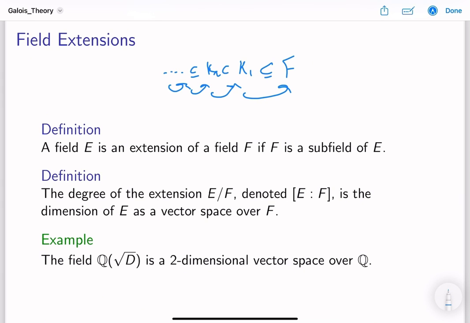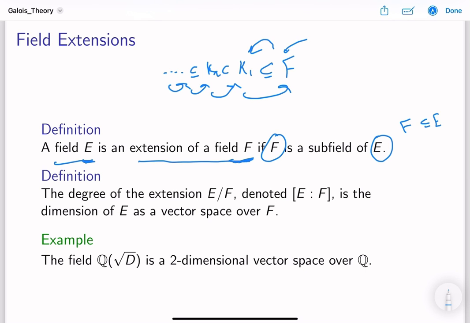So in this case, the field F is called a field extension of these things, of this field, right? So let me give you the definition in clearer terms. A field E is an extension of a field F if F is a subfield of E, meaning F is a subfield of E, right?